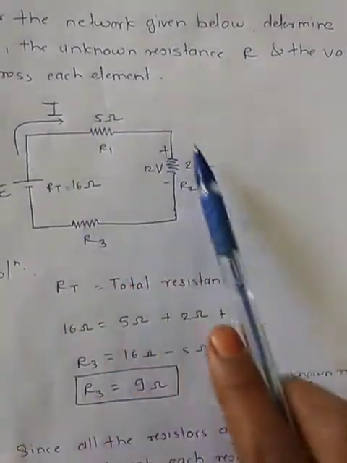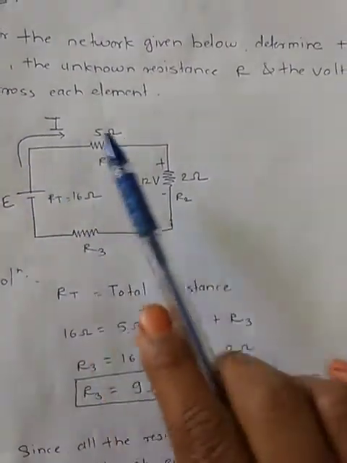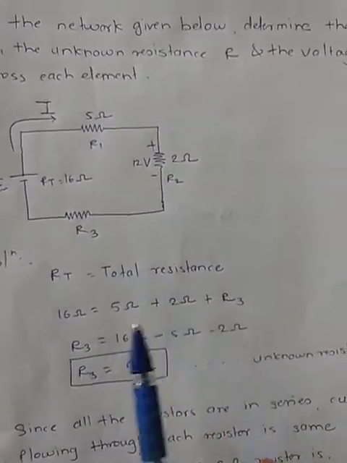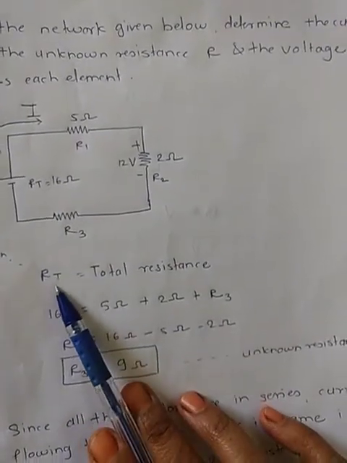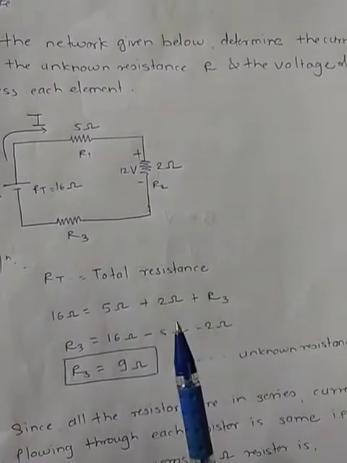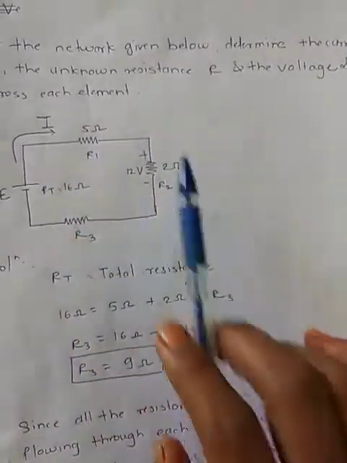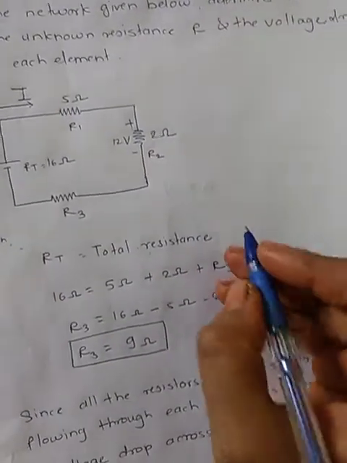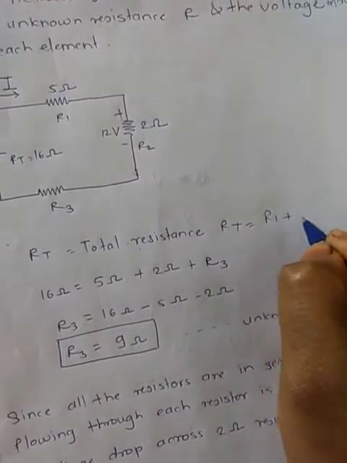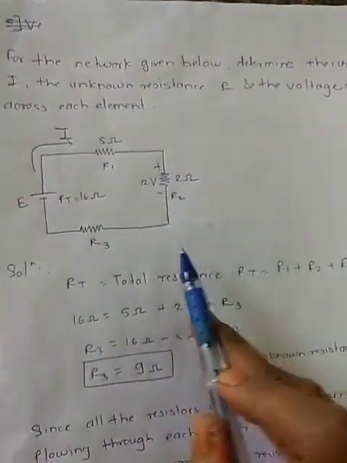As this is a series circuit, we can find out the resistance R3 by using the series resistance rule. RT is the total resistance, and the formula for total resistance for a series circuit is RT is equal to R1 plus R2 plus R3, as this is series resistance.